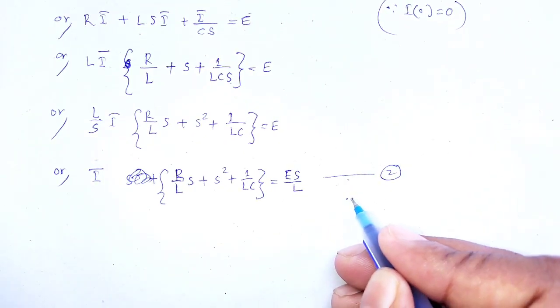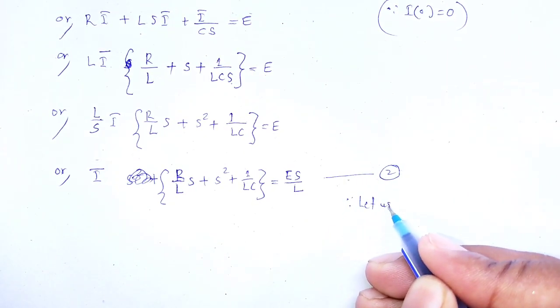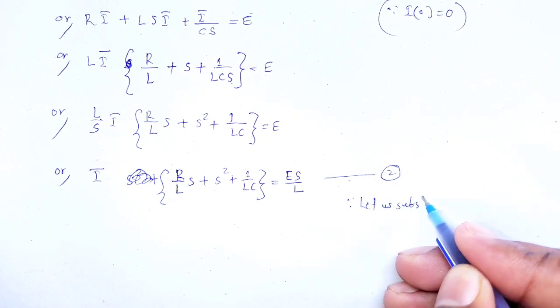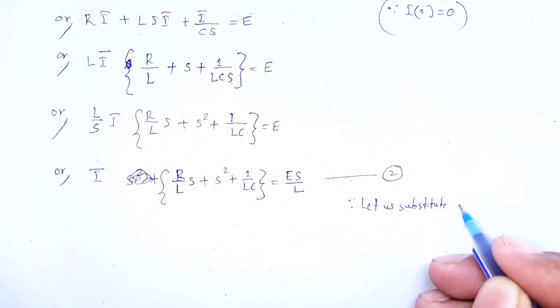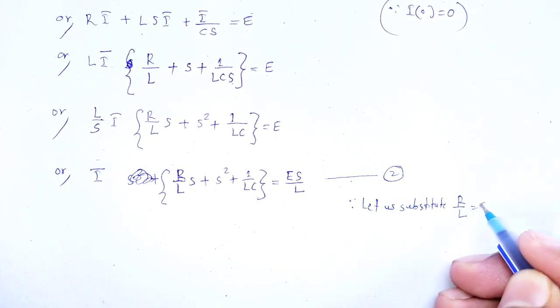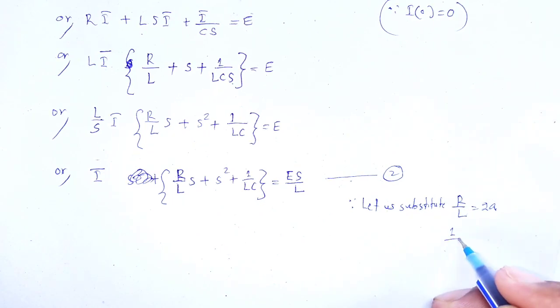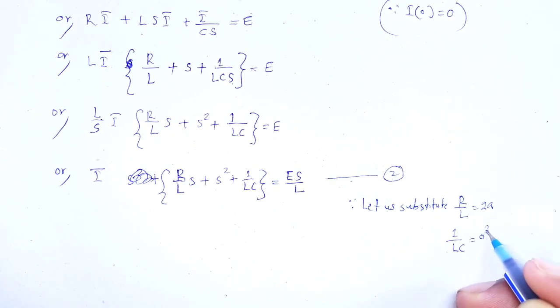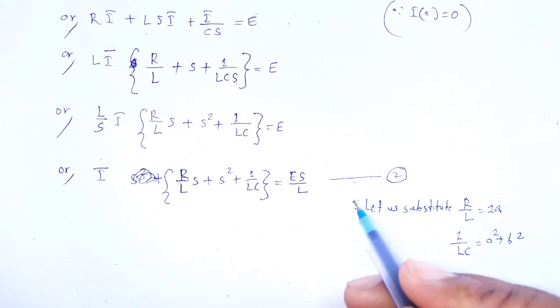Here let us substitute R by L is equal to 2A, 1 by LC is equal to A square plus B square.